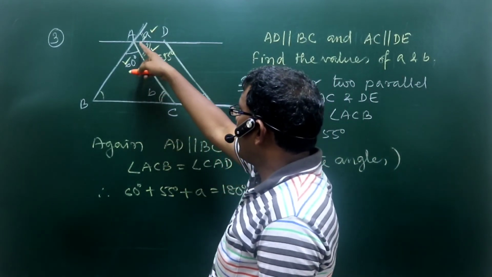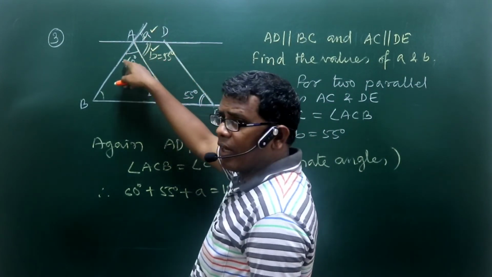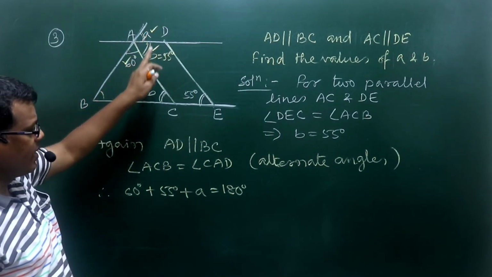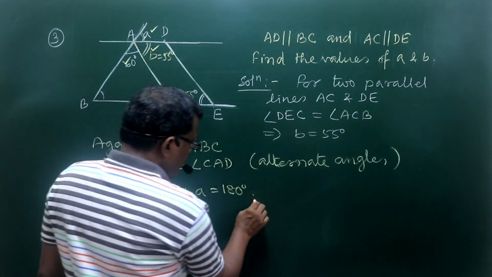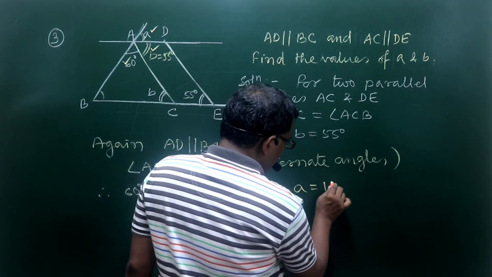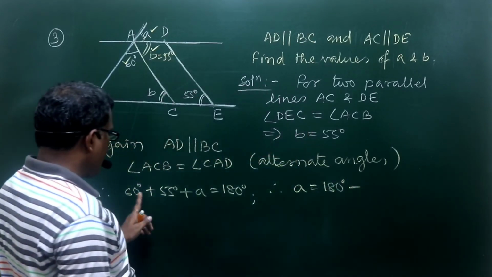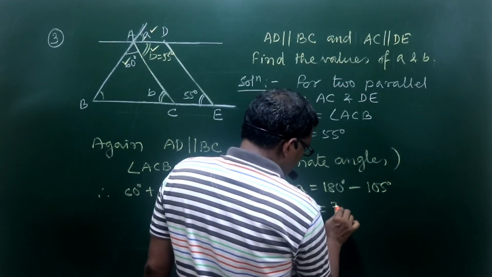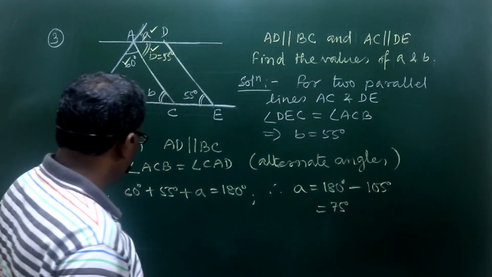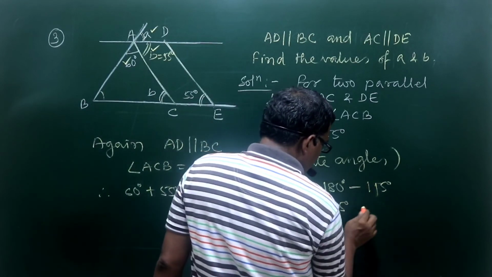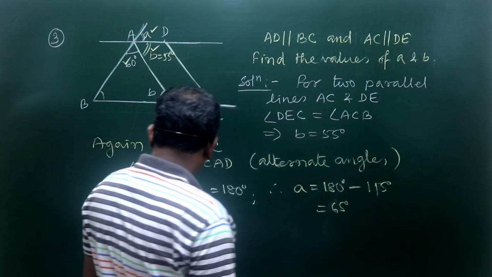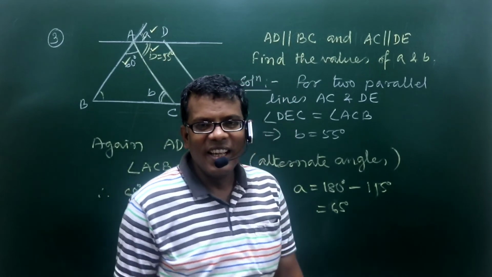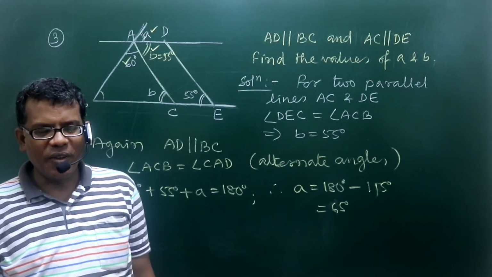That is the total angle at one point on one straight line will be 180 degrees, right? So based on that I have written this plus this as 180. So therefore, can I write down A is equal to 180 degrees minus the sum of these two, which is 105? So this is equal to how much? 75 degrees. Yes or no? Sorry, this is 115, so it will be 65. It will be 65 degrees. So we are getting angle A as 65 degrees and angle B as 55 degrees.